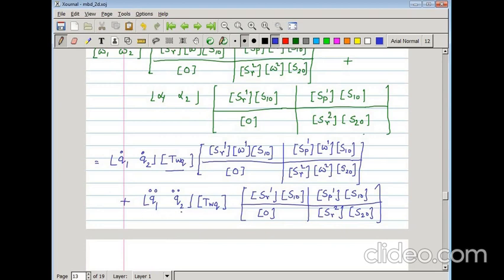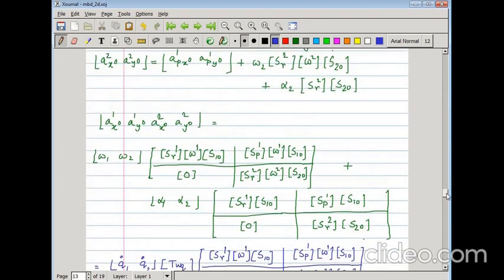That is also related to q1 double dot and q2 double dot using this matrix, because omega 1 omega 2 is equal to T omega q times q1 dot q2 dot.